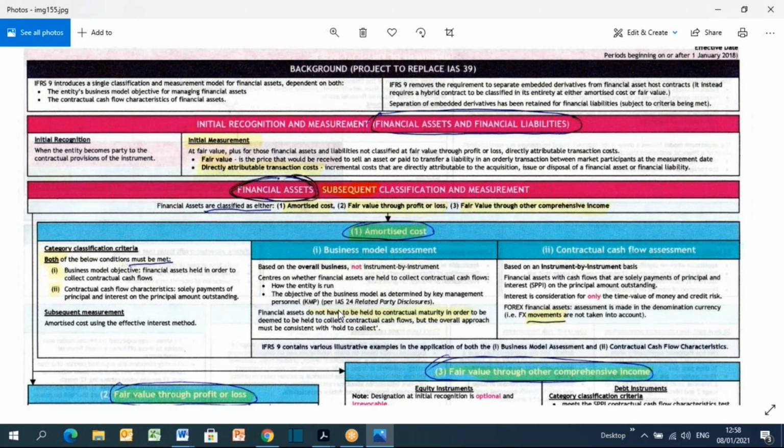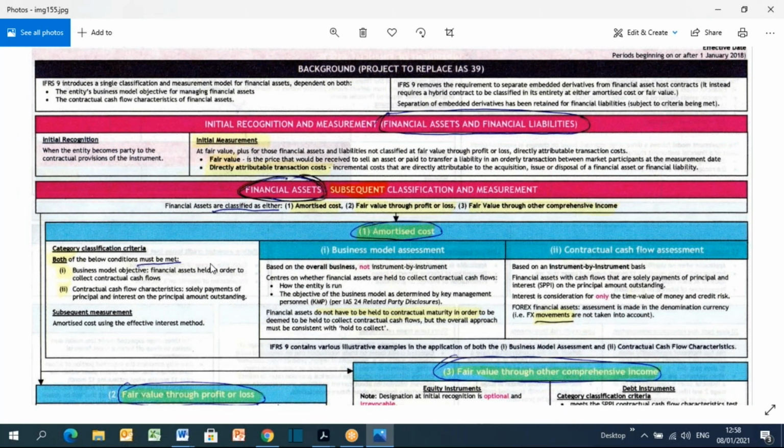So what is a financial asset that is classified at amortized cost? Remember the definition, keep this in your head because it will be asked a lot: both of these conditions should be met, the business model and the contractual cash flow assessment.